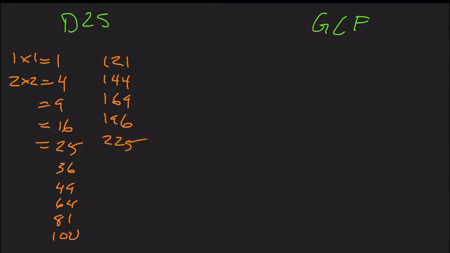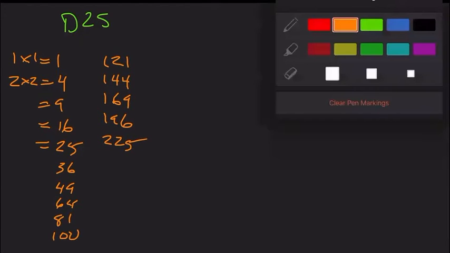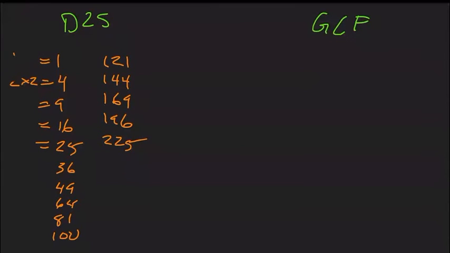So I think up till now, we've tried to keep the numbers on the lower end, but today we'll work a little bit with the higher end, the 121, 144, and so on. So difference of two squares, we'll put GCF to the side for now.